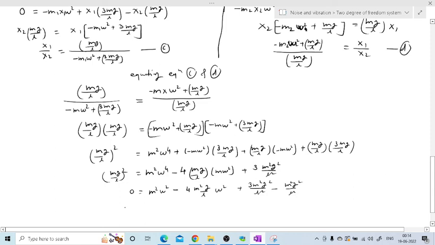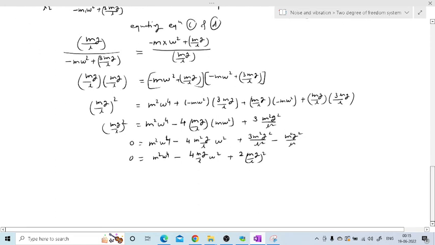So finally we'll get this term as m square omega raised to 4 minus 4mg by l omega square plus this term will become 2 mg by l bracket square. So solve this equation. By solving this equation we'll get the answer.